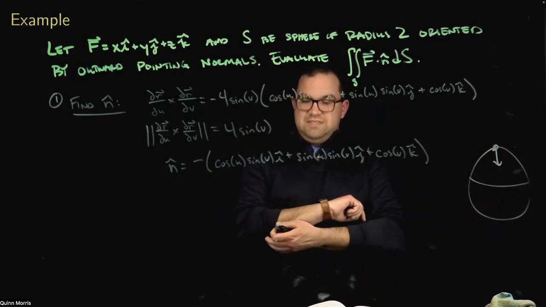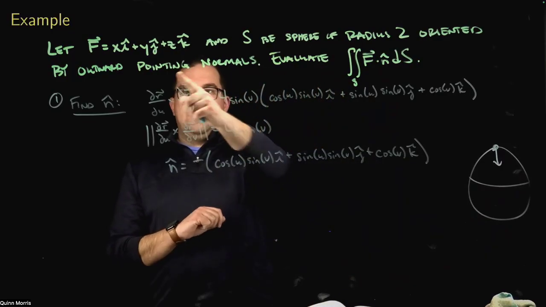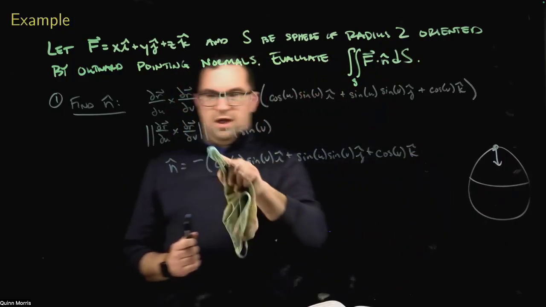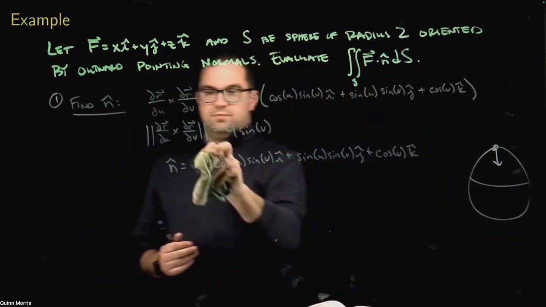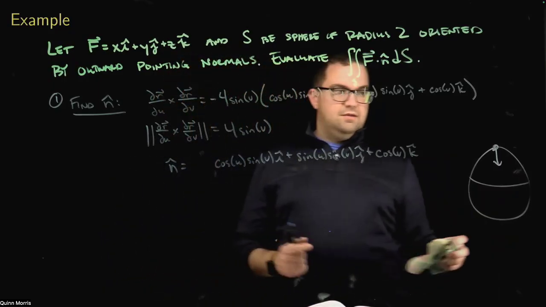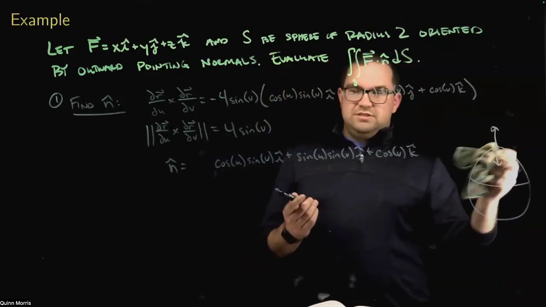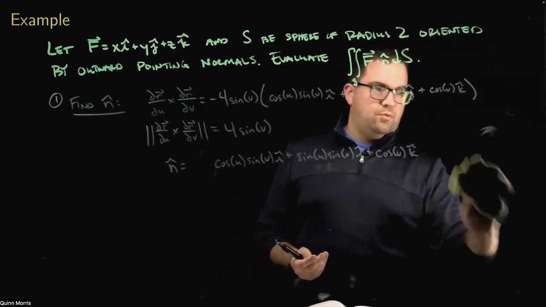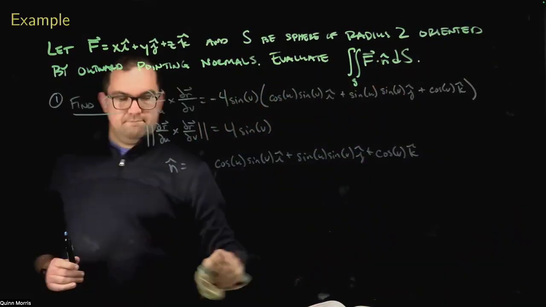This is giving us the inward pointing normal, right? But I want the outward pointing normal. So what do I do? I just take the opposite sign. Because I want this oriented with outward pointing normals, I'll just take the opposite sign. That will give me my outward pointing normals. Okay. So it's handy here again: you can check one particular point to figure out whether you're pointing in or pointing out, and that'll help you realize that you should flip your sign. All right.